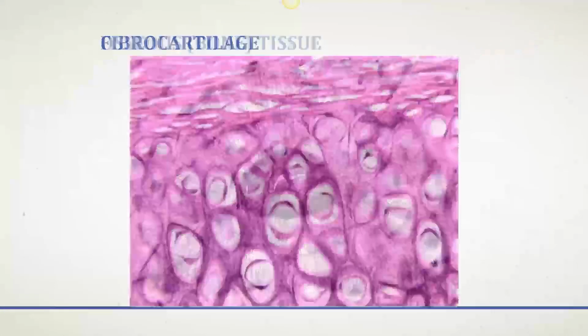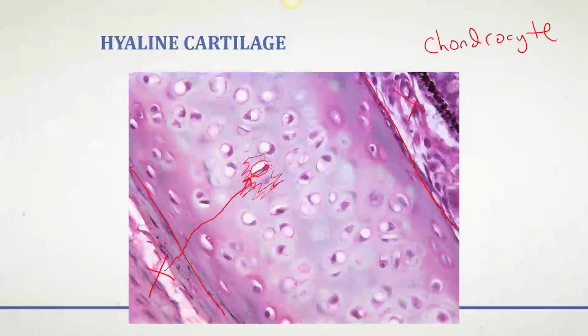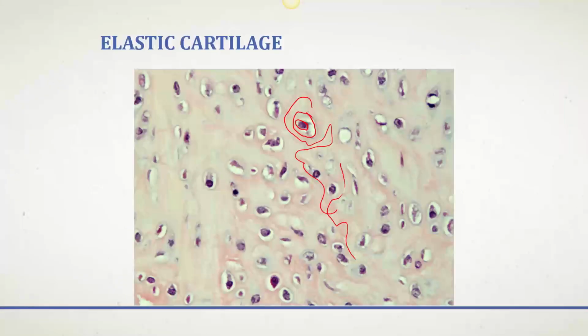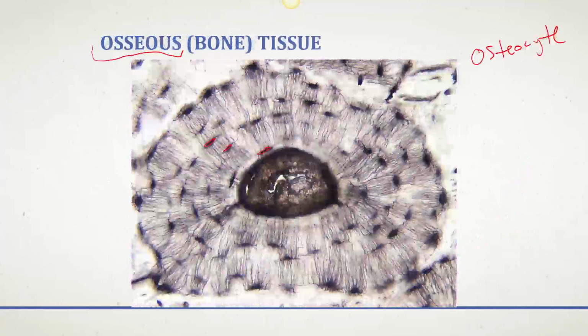Now going back to the cartilage tissues, I said that the major cell type of hyaline cartilage is a chondrocyte. Well, so is elastic cartilage. The major cell type is a chondrocyte. And for fibrocartilage, the major cell type is also a chondrocyte. But when we get to osseous tissue, the major cell type is an osteocyte.